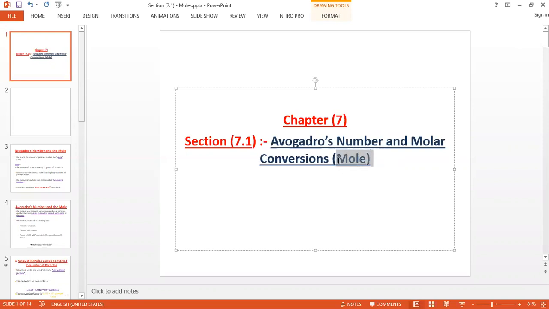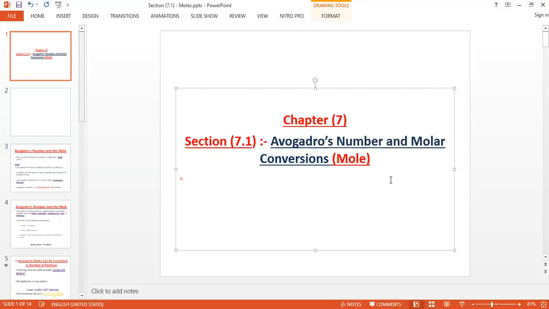This topic is mainly discussing the meaning of the word mole, what is meant by mole, and what is the purpose of making this unit. How can we calculate a mole? What is the relation between mole and other units of measurements?